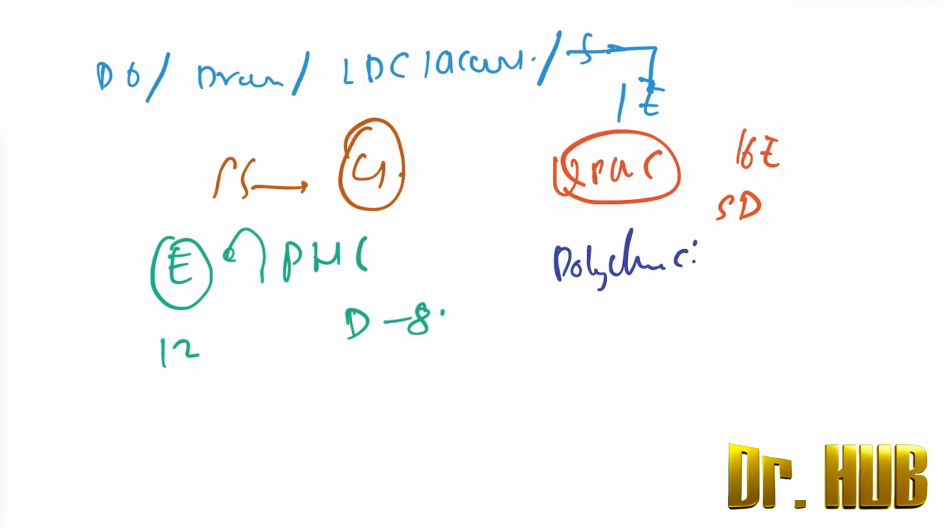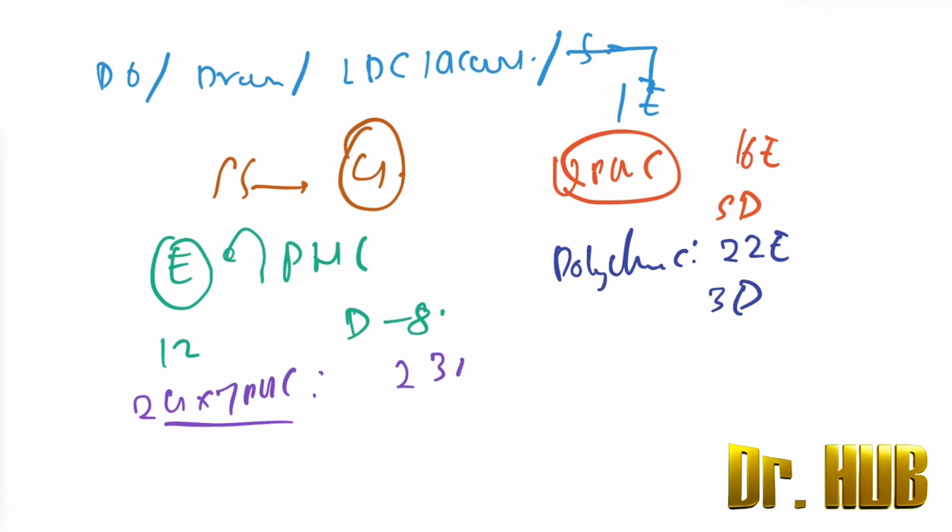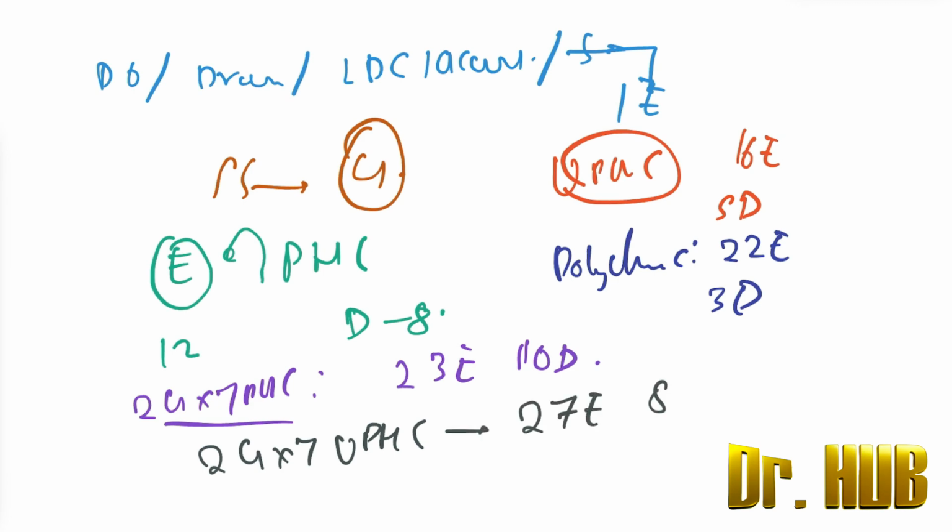In terms of polyclinic, it will be 22E and 3D. Then 24/7 PHC is going to be 23E and 10D. Then comes the 24/7 UPHC. 24/7 UPHC will be 27E and 8D.